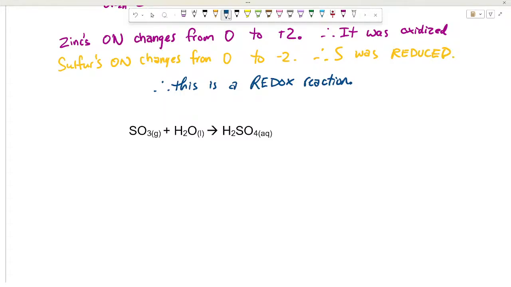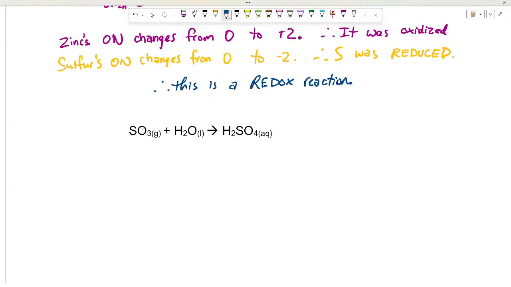So what's the only thing that could be changing? Sulfur. Does that make sense? Hydrogen is +1 with very few exceptions. Oxygen is -2 with very few exceptions. So the thing that could potentially change here would be sulfur. So let's check sulfur.